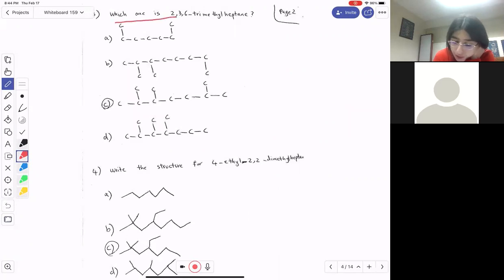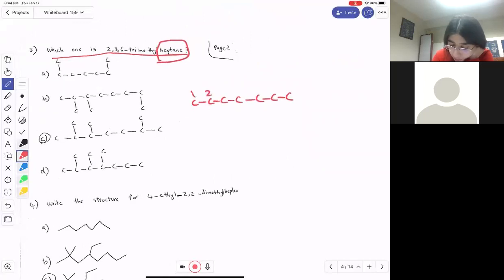Which one is this? Look at the base name. Don't be scared. Heptane has 7 carbons: 1, 2, 3, 4, 5, 6, 7. Then I name them: 2, 3, 6.